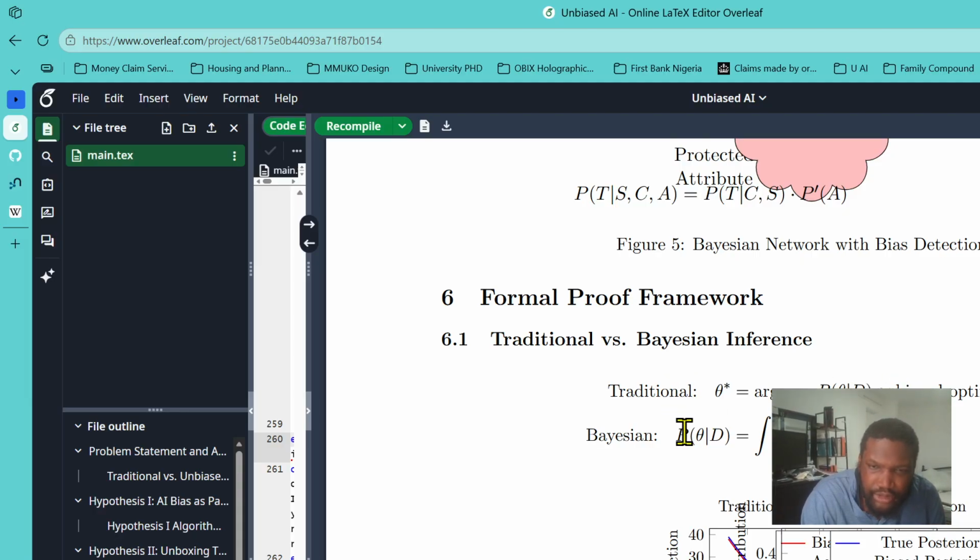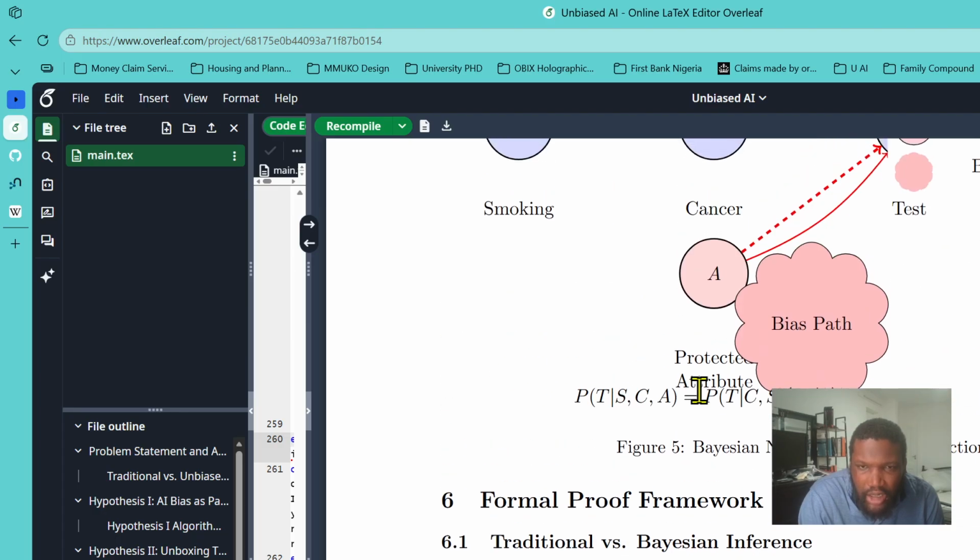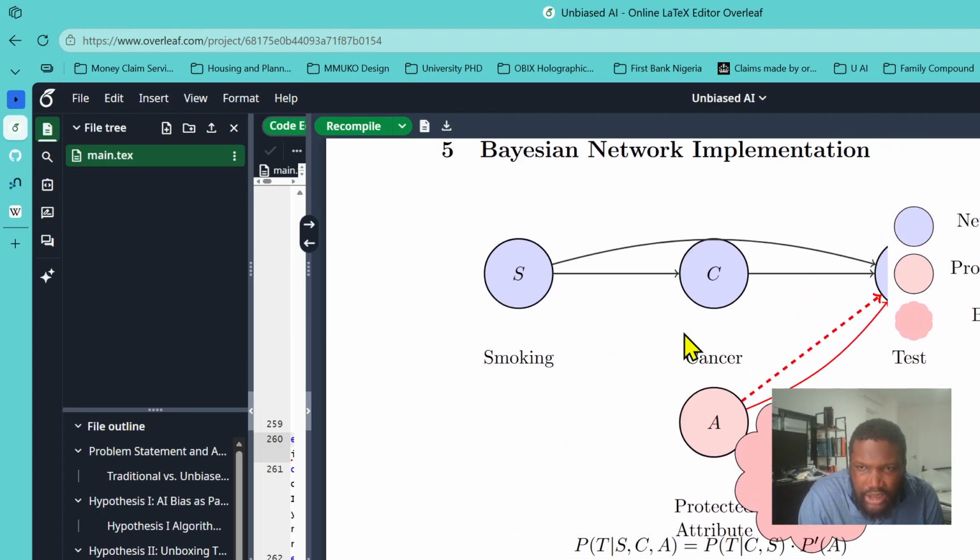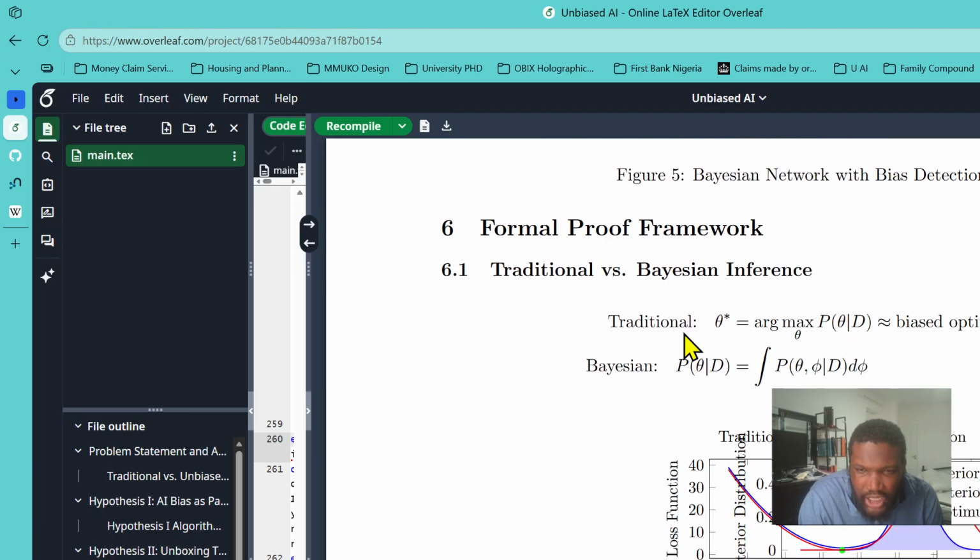Probability Bayesian, this is basically the Bayesian one. Basically, this is the traditional Bayesian version. It is basically the system of bias detection in AI. So you can detect bias in AI by optimizing the probability.